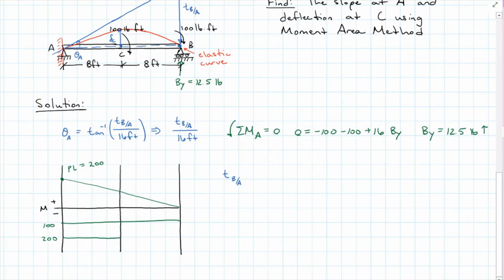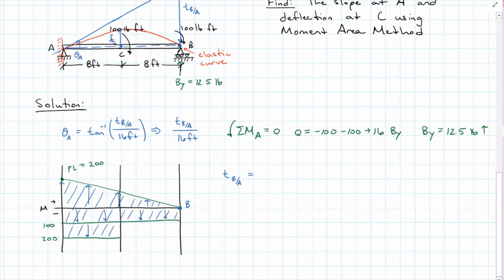TB with respect to A, theorem 2 is all the area on the moment diagram taken between B and A about point B. So for us, that's going to be the entire moment diagram. And we're going to sum the moments about B. And we continue with clockwise is subtracted and counterclockwise is added.